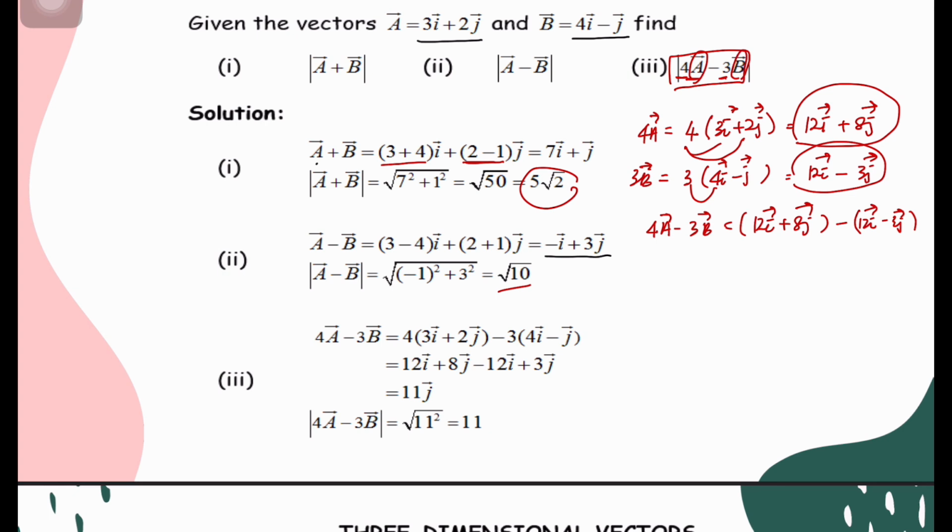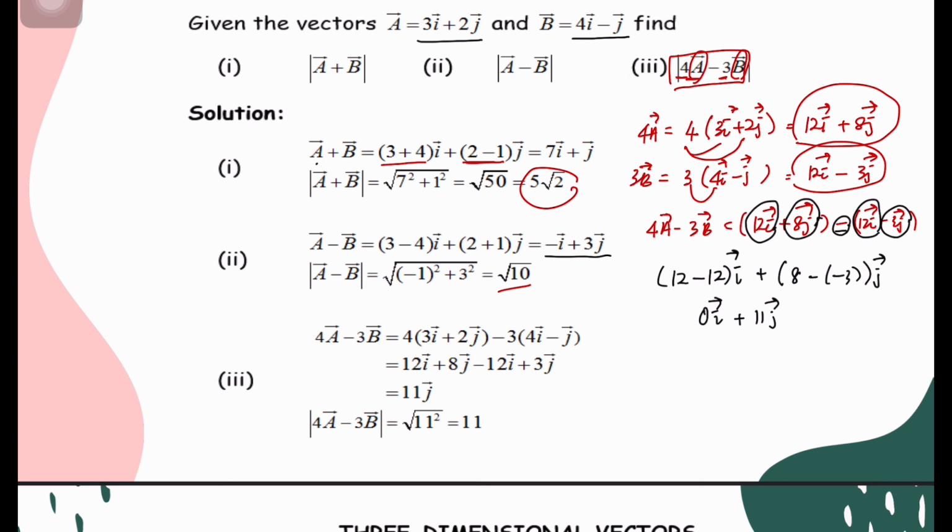So how can we solve this one? You just need to take the i component minus the i component. So you have 12 minus 12 for i, plus the j component minus the j component, so 8 minus negative 3 for vector j. 12 minus 12 is 0i. 8 minus a negative gives you plus, so 8 plus 3 is 11j.